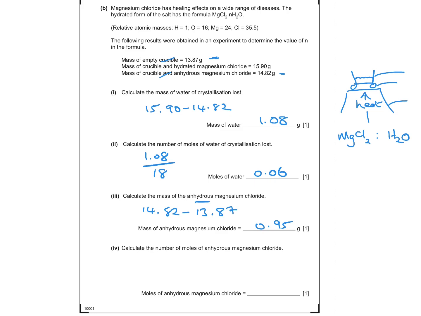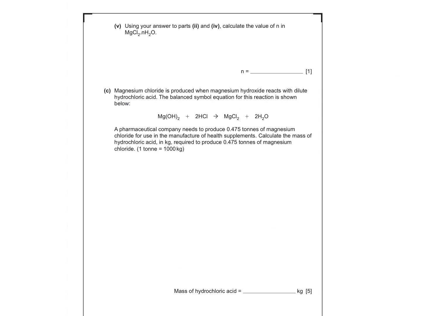We can work out the moles then by dividing 0.95 by the RFM of magnesium chloride, and that is 95. That equals 0.01. Now we've got the ratio of magnesium chloride to water. We divide through by the smallest one, which is 0.01, and you can see that it's a 1 to 6. So N equals 6.